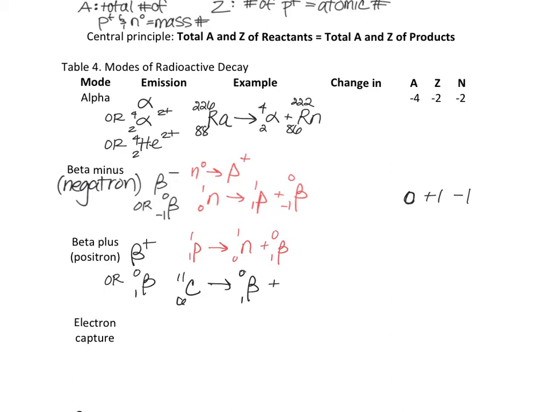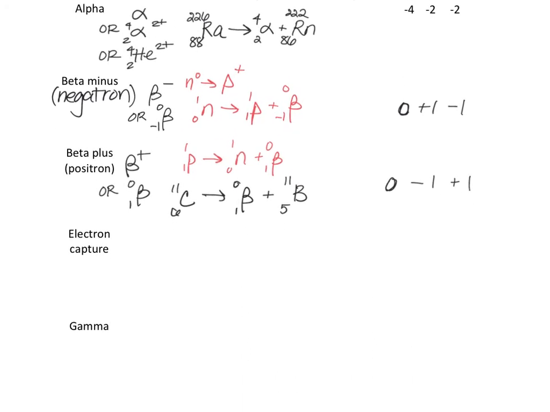And so what we have at the end is 5 total protons, but the same number of neutrons plus protons, our mass number. So the overall change in A is still 0. However, our change in Z in this case is going to be -1. Our change in N is +1. Perfect.